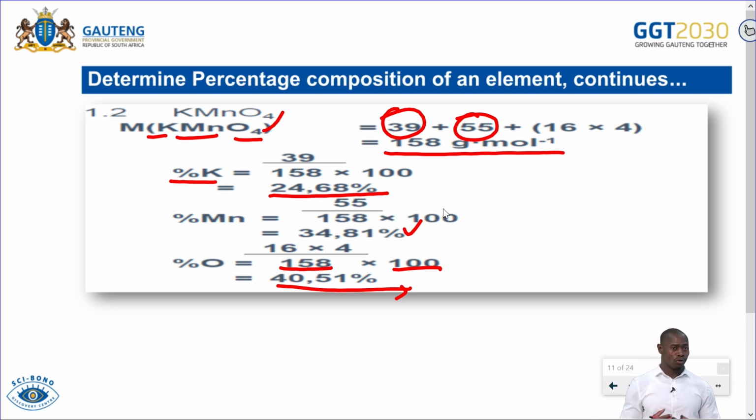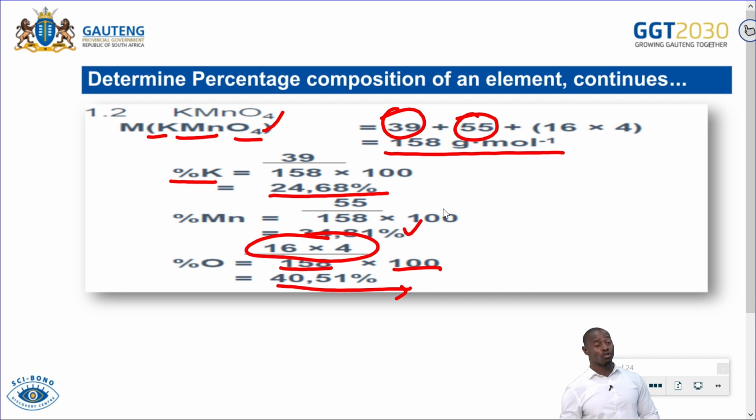Make sure that you consider the total number of atoms present for that element in that compound. For example, in this case, how many potassium atoms? 1. How many manganese atoms? 1. How many oxygen atoms? 4. Hence here we multiplied that 16 by 4. Then you'll get the correct percentage composition for that element in that compound.